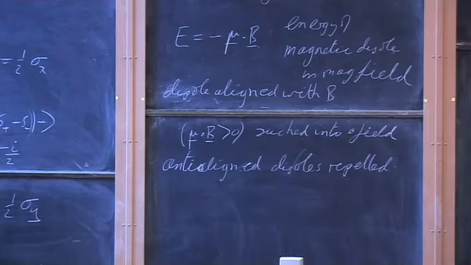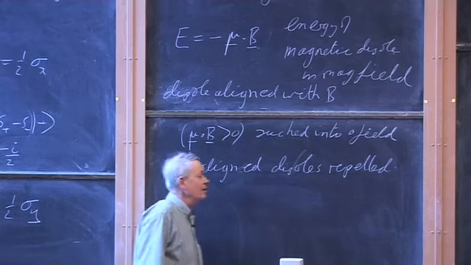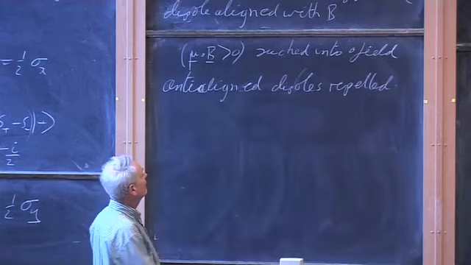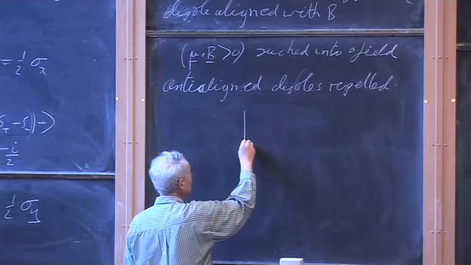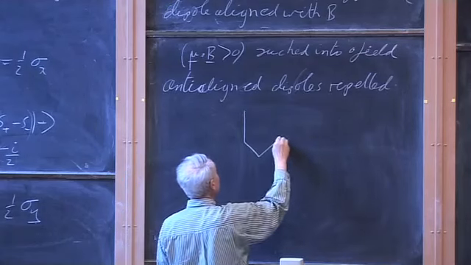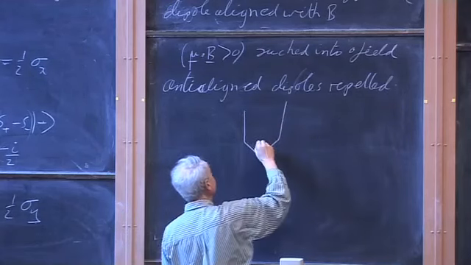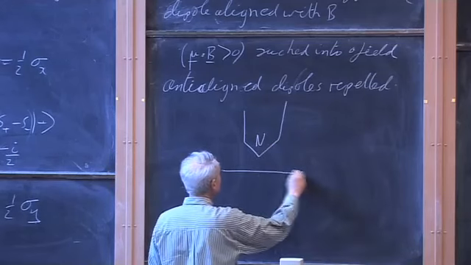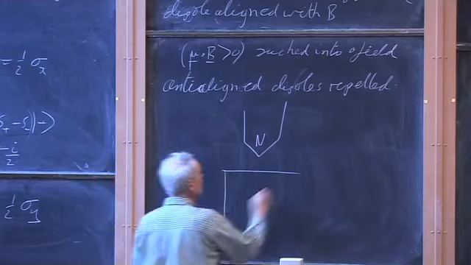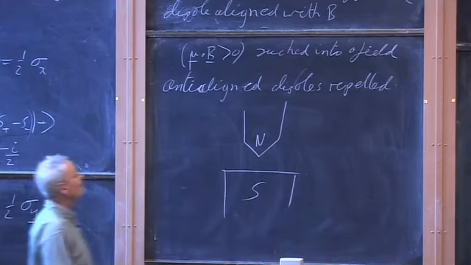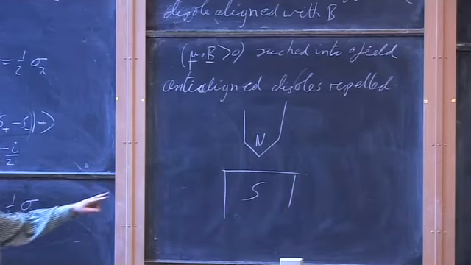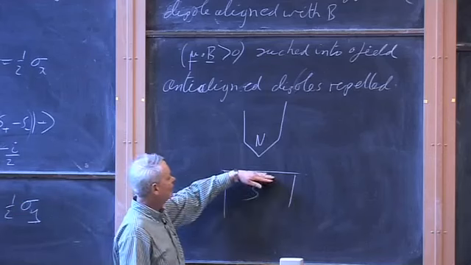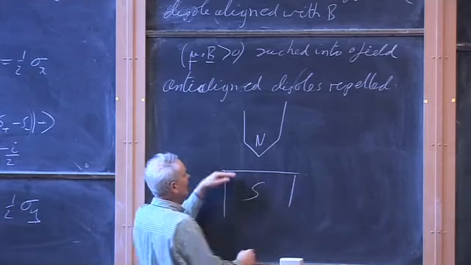So that was the physics that Stern and Gerlach exploited in 1922 in experiments which astounded the world. They made themselves a magnet, so we'll call this north, and we'll call this south. They made themselves a magnet which had pole pieces, one of which was pointy and the other of which was flat, or even, I think it was flat.